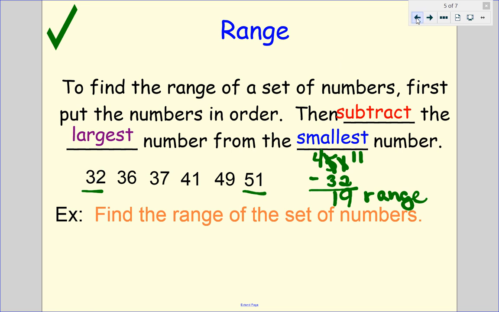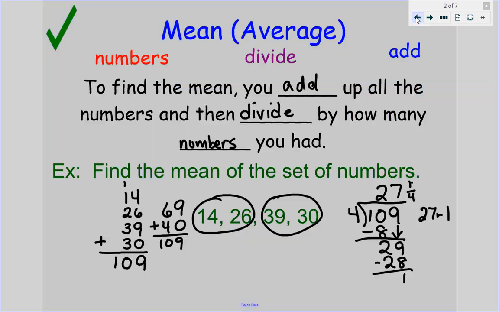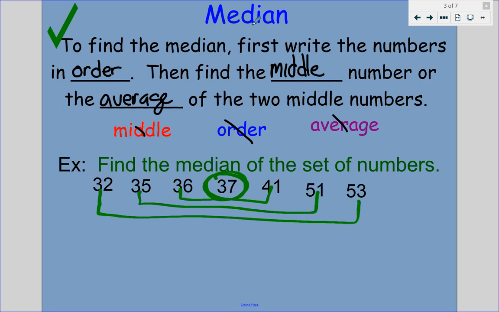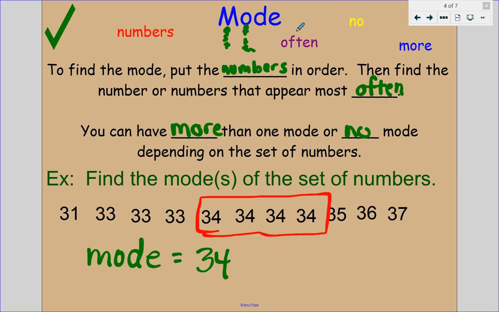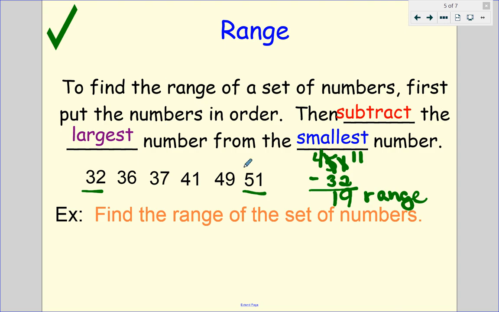Okay, so far we've had average or mean, where you add up the digits and divide by the number of numbers you had in the data. Median, the middle number, ordering them from least to greatest and finding the middle number. Mode, the most often seen number. And then the range, the largest minus the smallest.